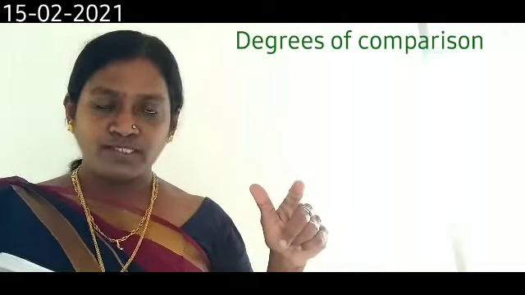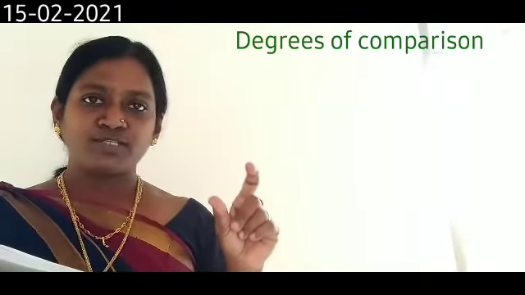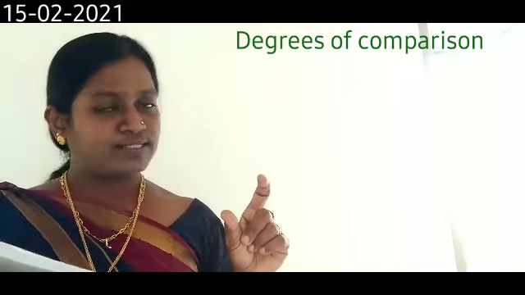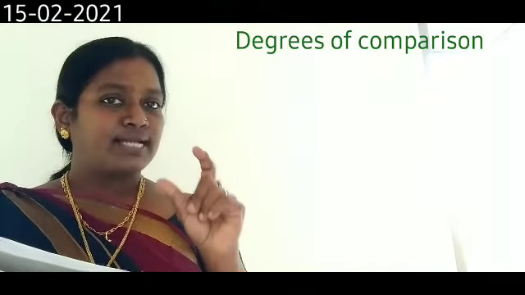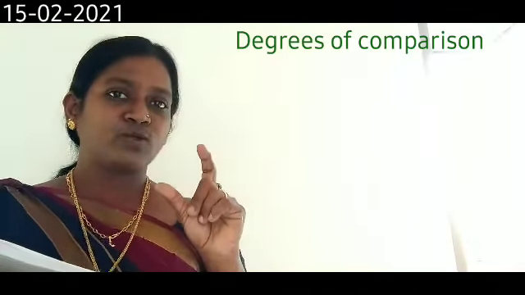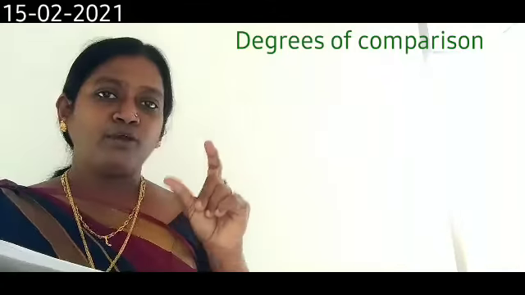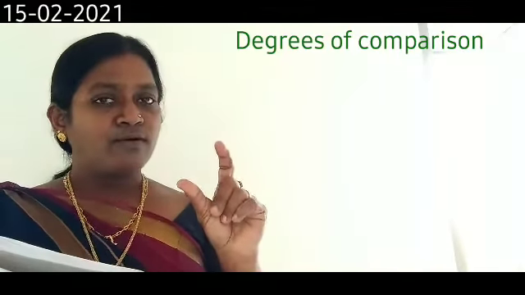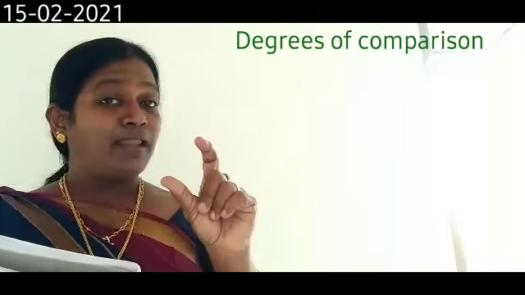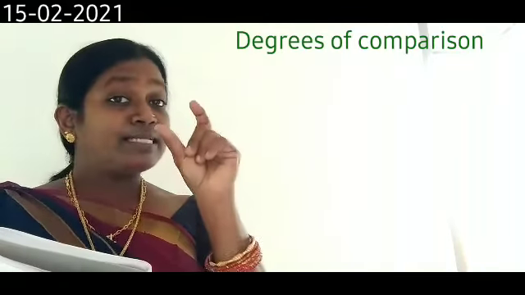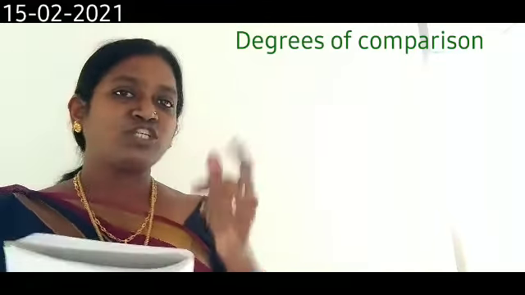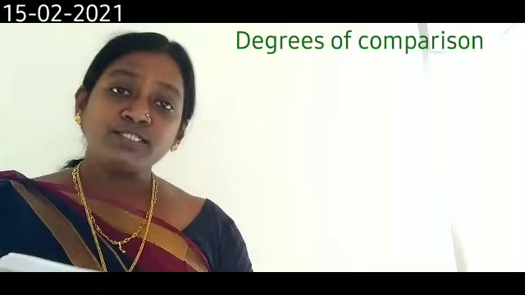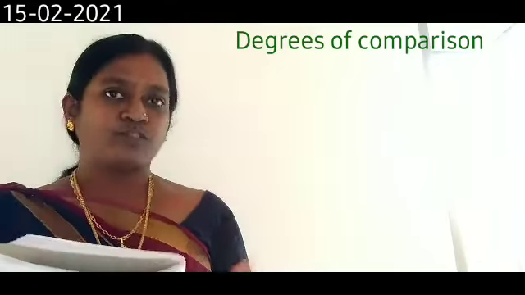If a word consists of more than 2 vowel sounds, that is called a multi-syllable word. For multi-syllable words, in comparison we use "more," and in the superlative degree we use "most."